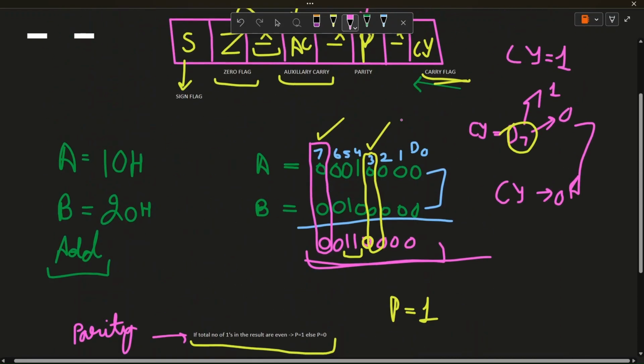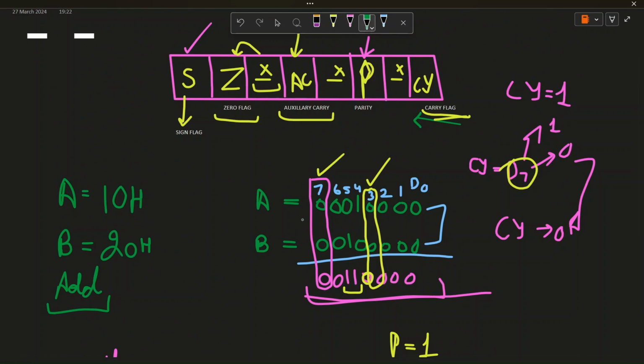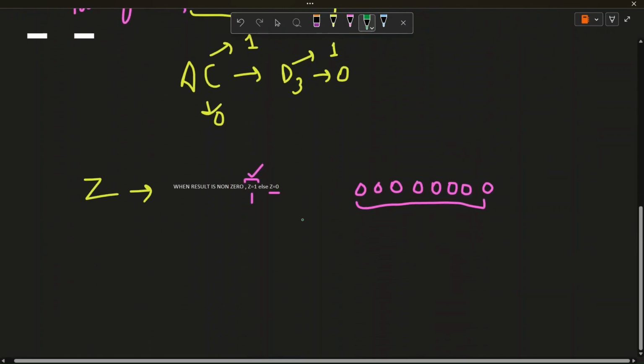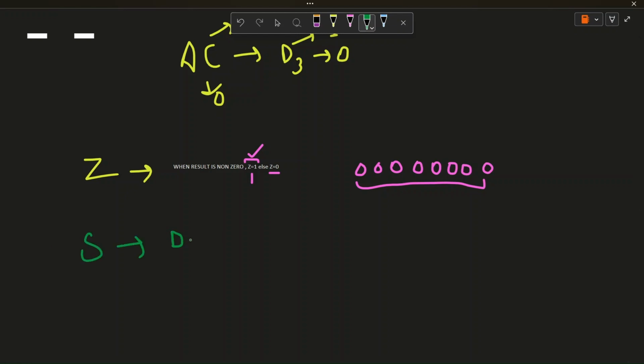Then comes your S, which is your sign flag. Again for the sign flag, we need to check your D7 bit. If this D7 bit is 1, we say that the sign is negative.